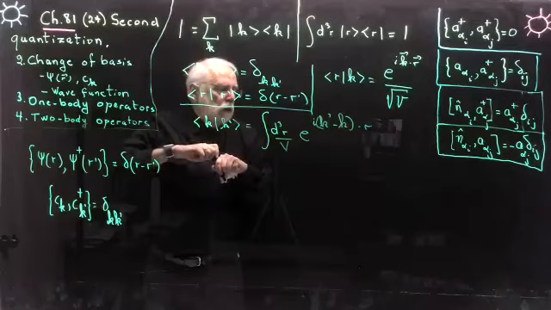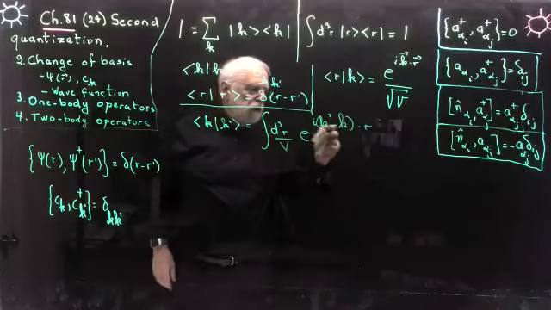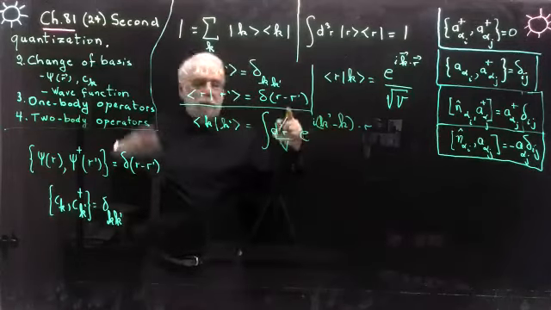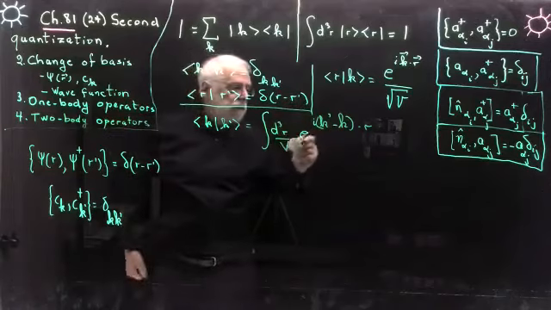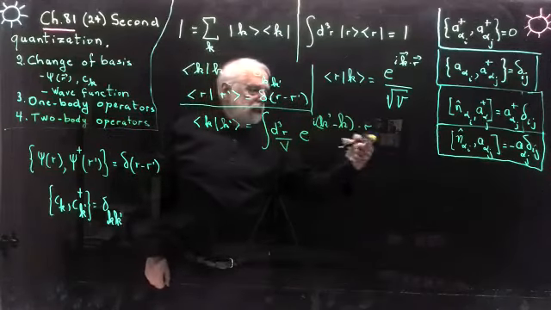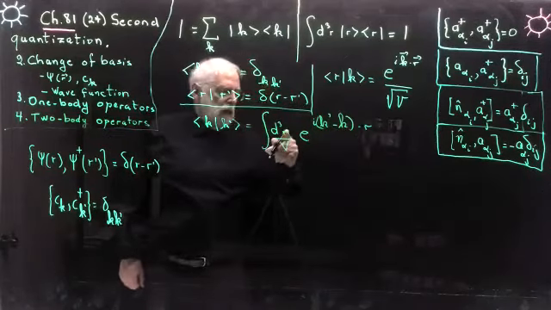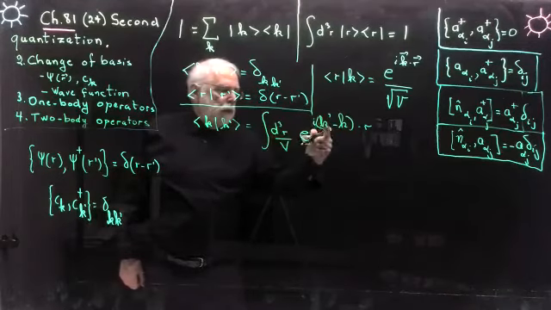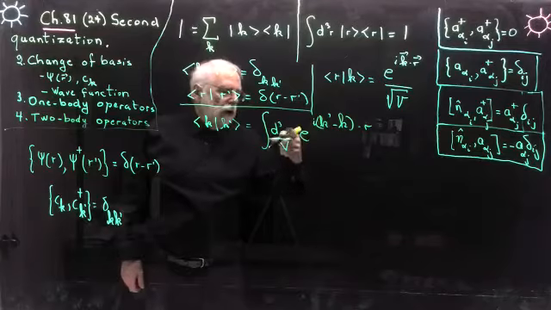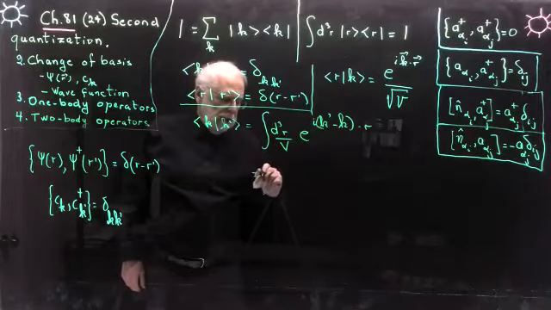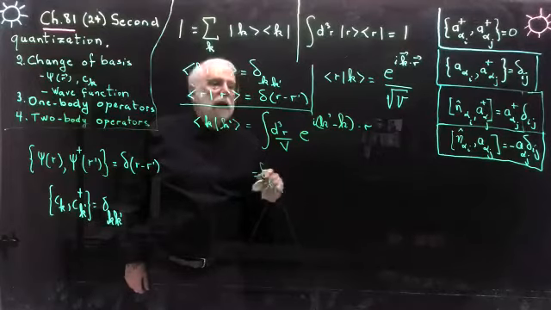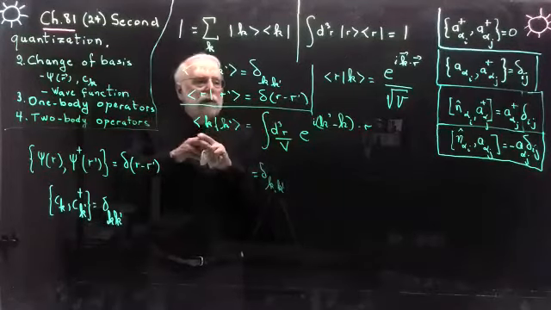So this is 0 when k is different from k prime because of periodicity on the box, and this delta k is 2 pi over L. And when k prime is equal to k, then the integral over r gives the volume, which simplifies here. So that's delta of k prime. Okay, so that all fits together.